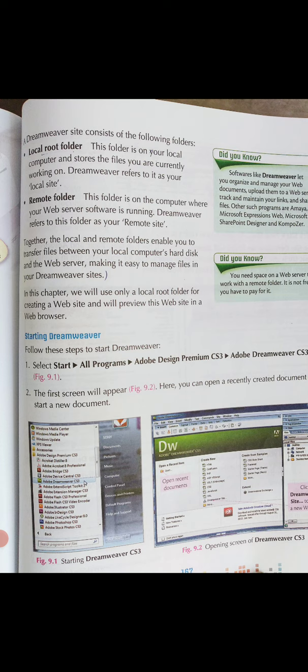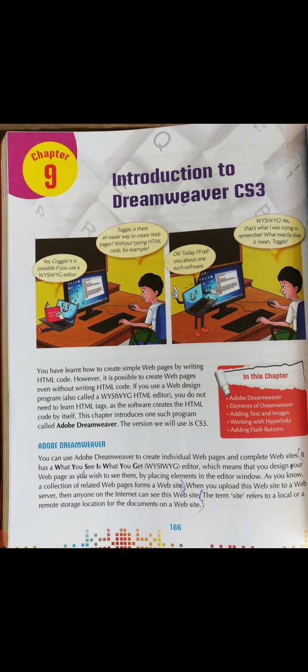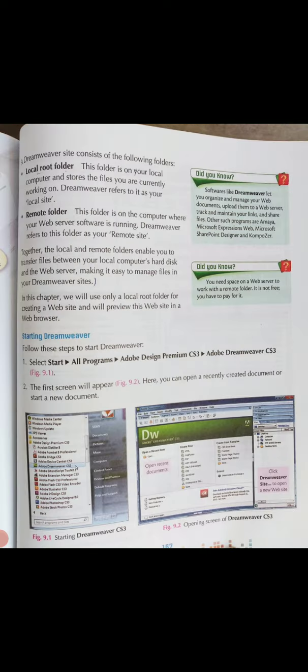So, students, today I have explained to you about Adobe Dreamweaver, then about the WYSIWYG HTML editor, what you mean by site, and I have explained two folders that are located in your Dreamweaver site. And the last topic that I have explained is how we can start Adobe Dreamweaver.